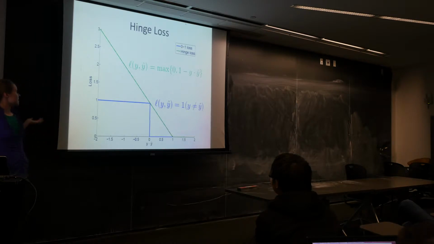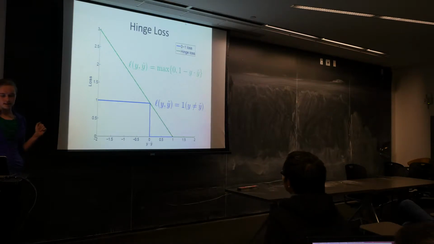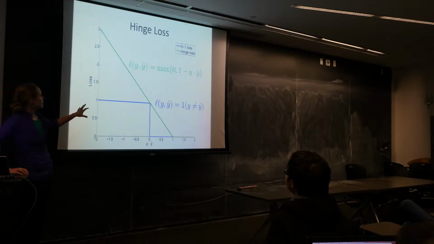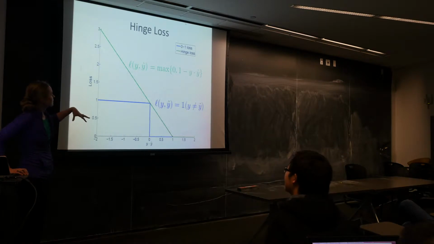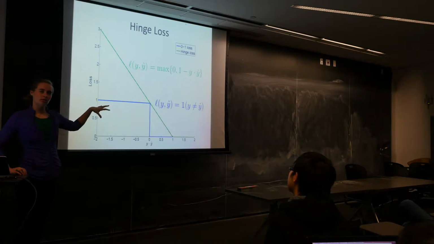In general, lots of times people will relax the 0, 1 loss to get a different loss that's easier to work with computationally, and convexity is oftentimes one of those reasons to do that. So you can see that the hinge loss characterizes exactly how wrong your prediction is.